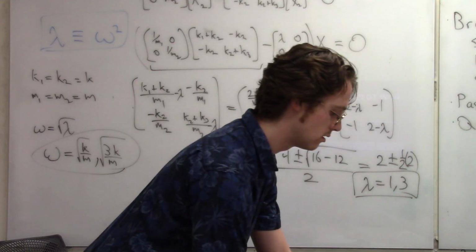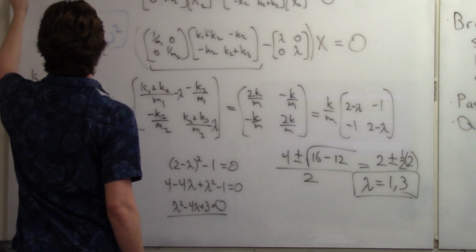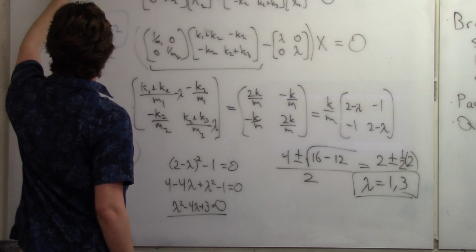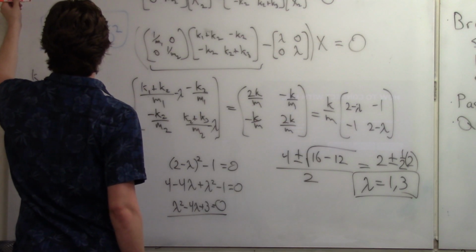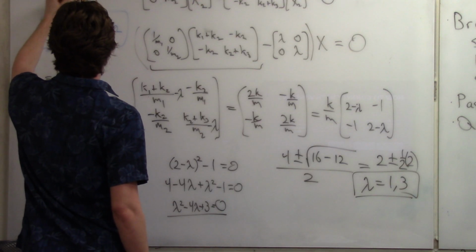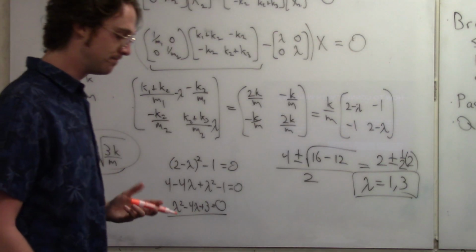V is usually what we use for eigenvectors. So I'm going to write that our omega is going to relate to our eigenvalue, and our mode shape, capital X, is going to relate to our eigenvectors.